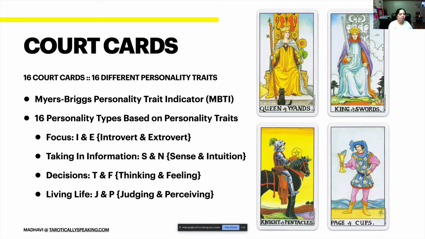Again, the way you focus on things, whether you're an introvert or an extrovert, the way you take in information, whether you sense it or you intuit it, the way you make decisions, whether it's thinking based or feeling based, and the way you live your life, whether it's judging or perceiving. These are the four core points which they use to come up with these indicators. I think it's interesting. You can play around with this.